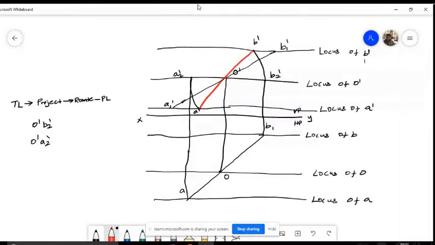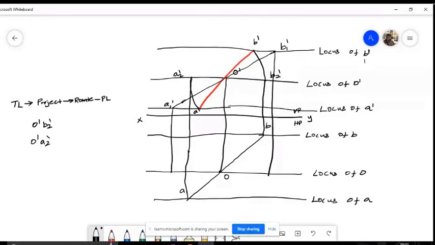Any doubts? No, sir. Can someone say how to take the top view? We'll project A1 dash and B1 dash on the locus of O. Yeah, we'll project to the locus of O, something like this. And after that, we'll take the radius O. Then we'll name that A2 and B2 and take the radius of B2 as the arc.